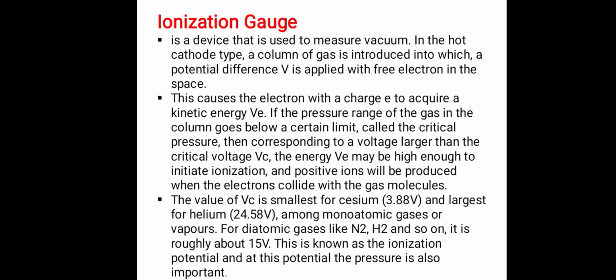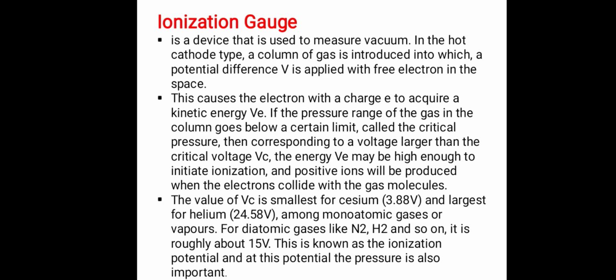If the pressure of the gas in the column goes below a certain limit called the critical pressure, then corresponding to a voltage larger than the critical voltage Vc, the energy Ve may be high enough to initiate ionization, and positive ions will be produced when the electrons collide with the gas molecules.